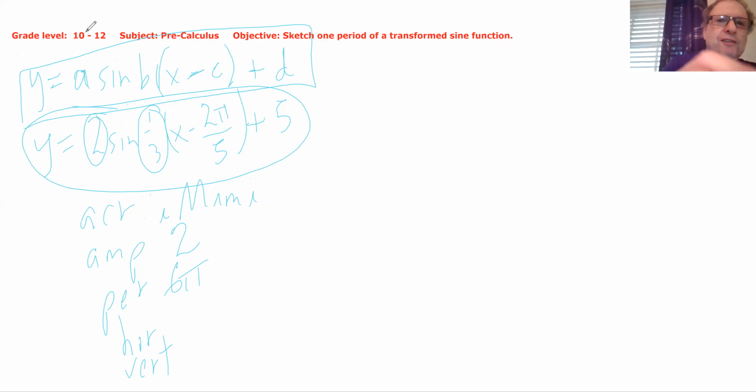And the horizontal shift is denoted by c, and it's 2 pi over 5, and since it's positive, it's a shift to the right. And d is a vertical shift, and that's 5, and since it's positive, then it's up.